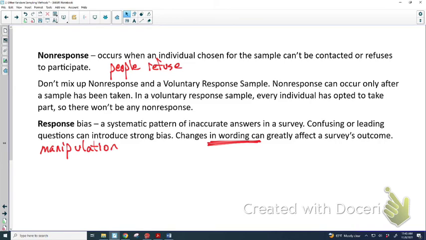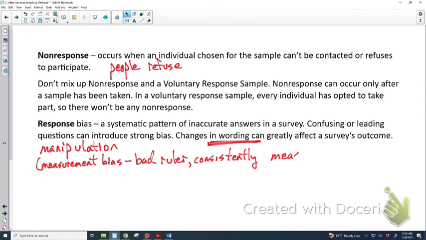Another form of response bias is measurement bias. This is if we have a bad ruler and I consistently measure things incorrectly. Then all my measurements are off.